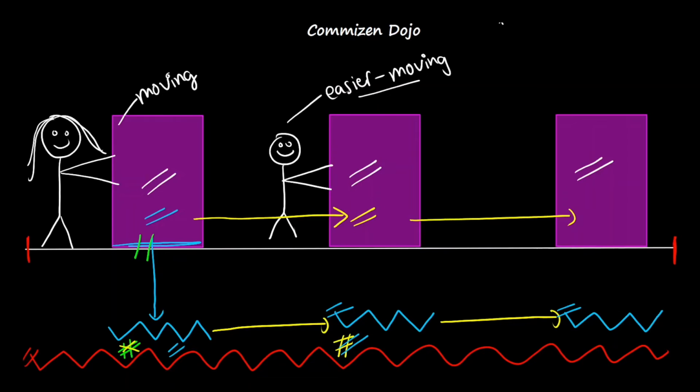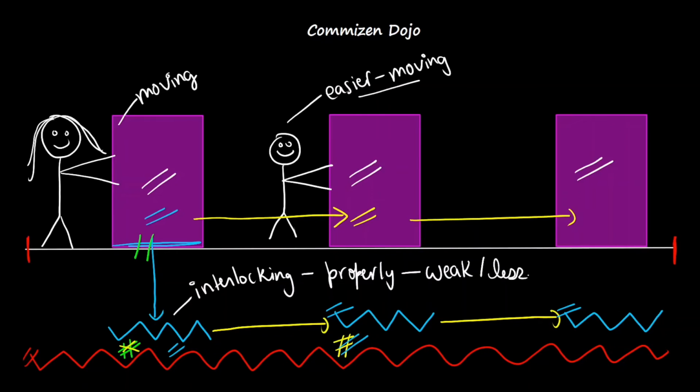Now over here, the interlocking of irregularities isn't taking place properly. So I can say that the interlocking of irregularities is weak, or that the interlocking is less. Understood. Now tell me something: in order to move the box, you have to break this interlocking.